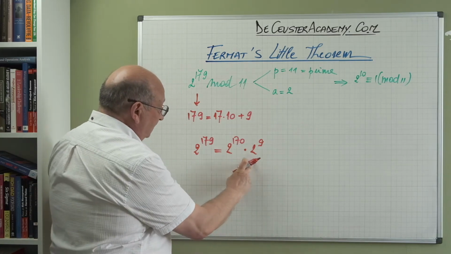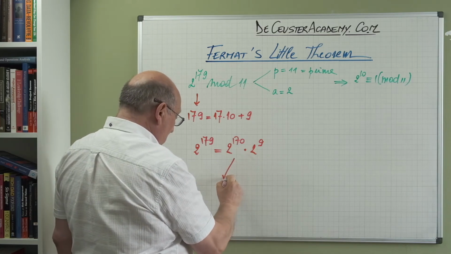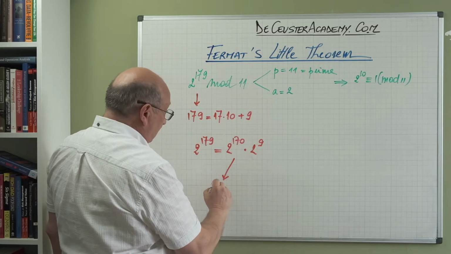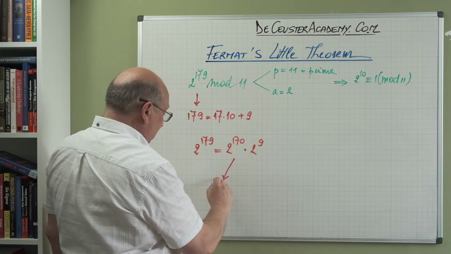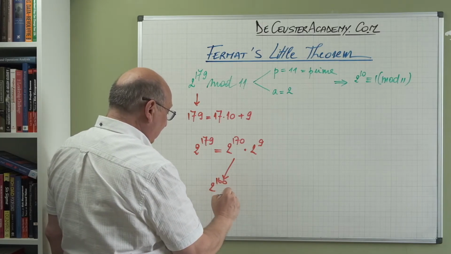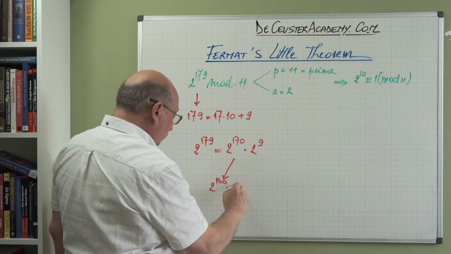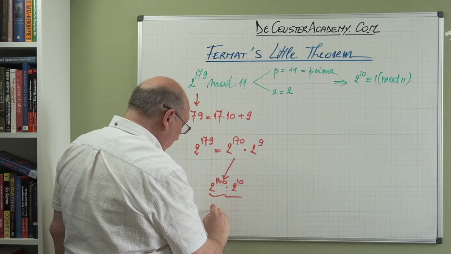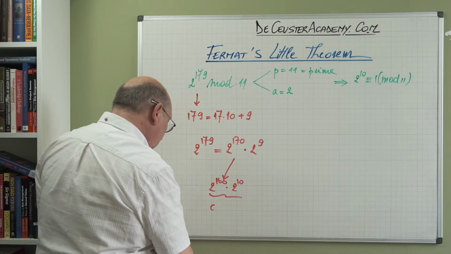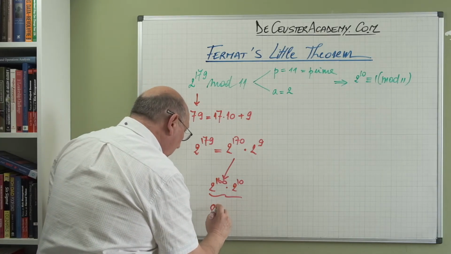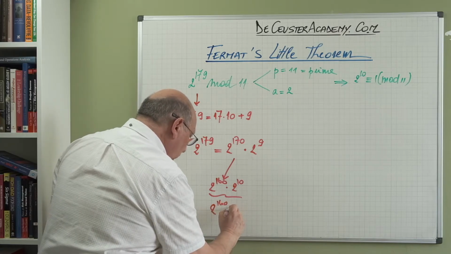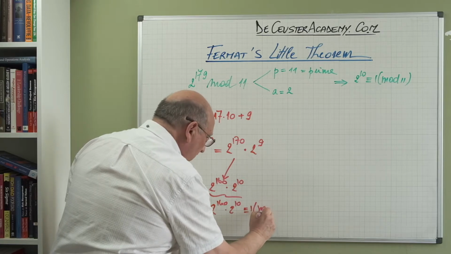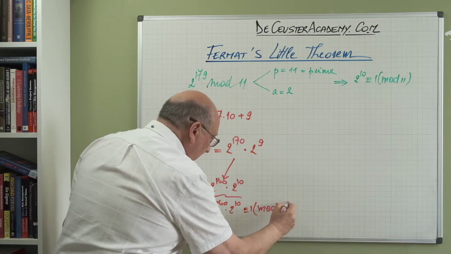And we know that this is in fact 2 to the power 160 times 2 to the power 10, and 2 to the power 160 times 2 to the power 10 is congruent with 1 modulus 11.